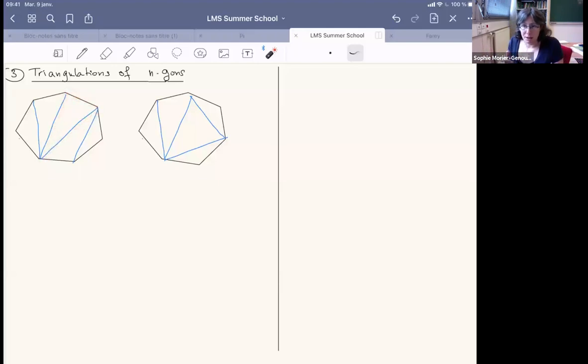So in a triangulation, you always have two triangles on the border somehow, but you may have more. Here I have three exterior triangles. So I want to focus for a moment on these triangulations with exactly two exterior triangles.